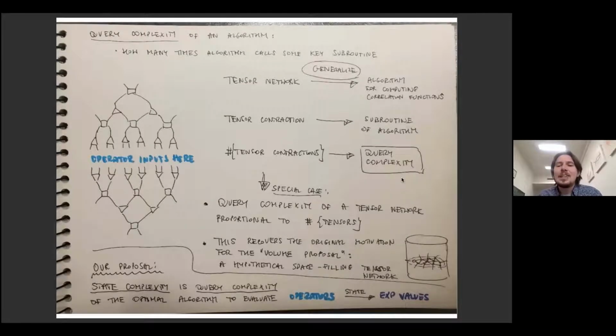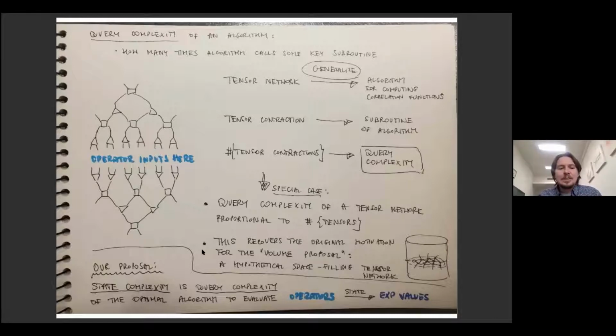So by discussing query complexity, I'm being completely faithful to the original motivation for the volume proposal, which goes back to a hypothetical tensor network picture. I'm just being a little more general in that I'm not presuming that the algorithm in question is a tensor network. Maybe it's some more general algorithm. That's the only thing that's different from the original thinking about complexity.